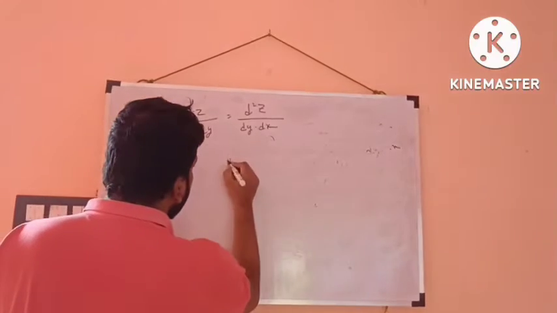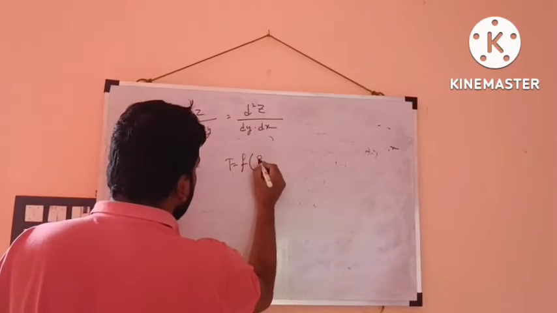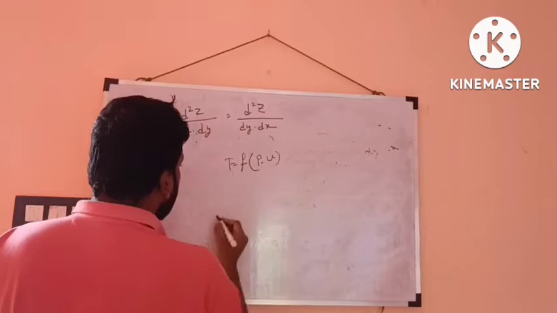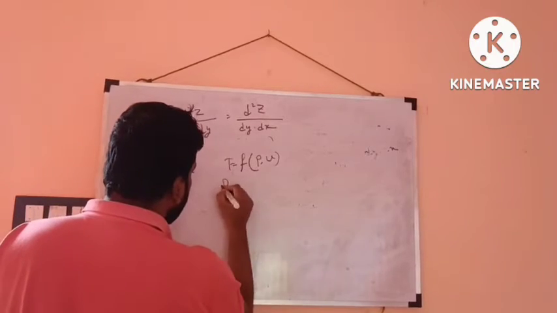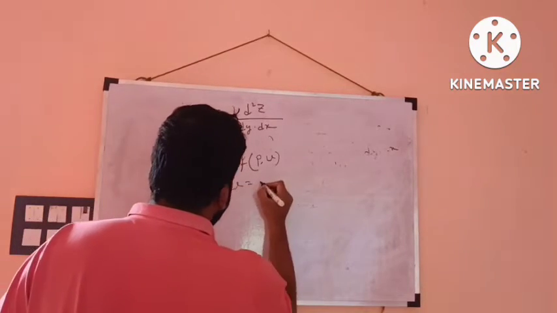We know that T is a function of P and V. According to the ideal gas equation, PV is equal to nRT.